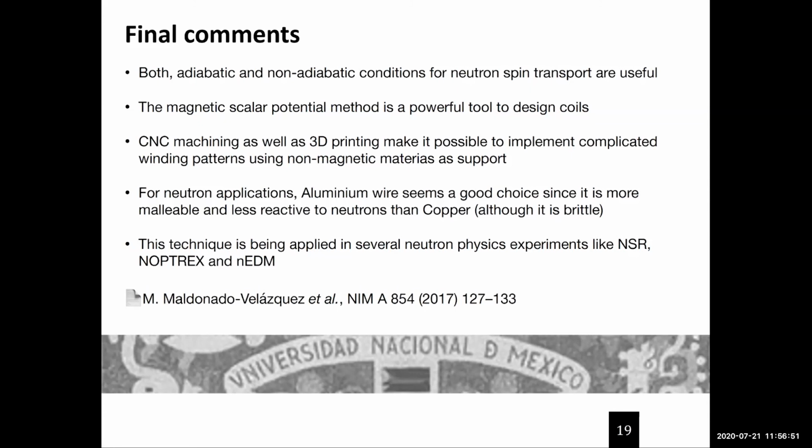Usually to find the winding patterns, we use the PDE module to solve the Laplace equation and find the contours of the magnetic scalar potential.